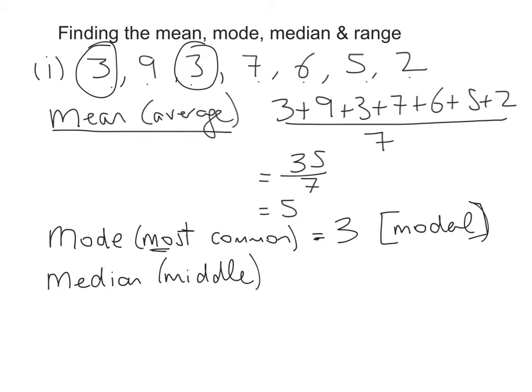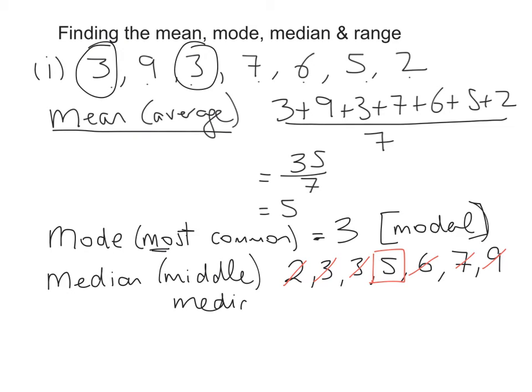I'm going to put these numbers in order. So it's going to be 2, 3, 3, 5, 6, 7, and 9. That's step 1. Step 2 is we're going to cut off everything from the outside until we get to our middle number, so therefore the median is equal to 5.